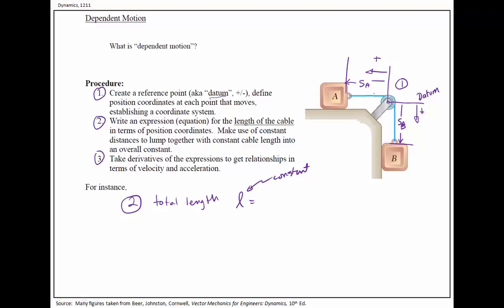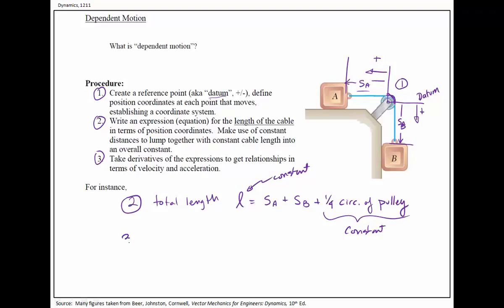And that length of the cable is going to be equal to SA, so right up here, SA, plus SB. All right, so that length. And then, just to be complete, we also have 1/4 of the circumference of the pulley. Don't belabor this too much, but we also happen to know that that too is going to be a constant right here.